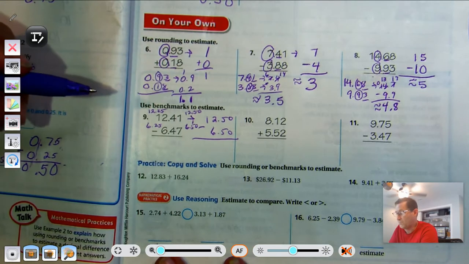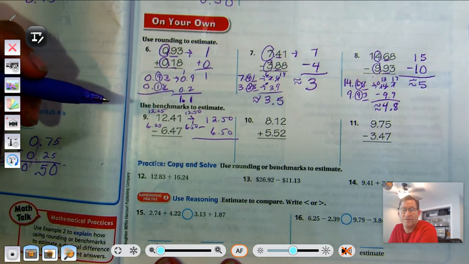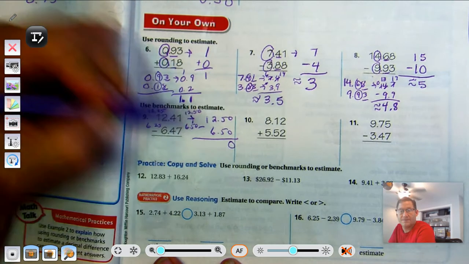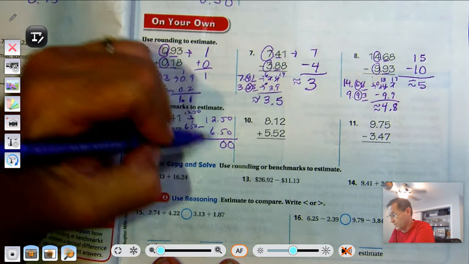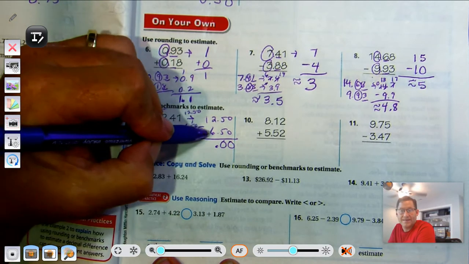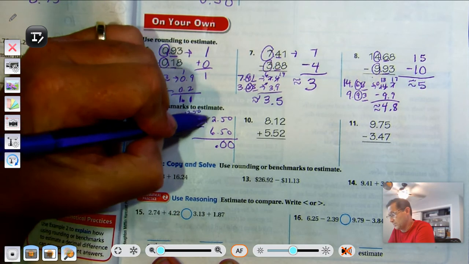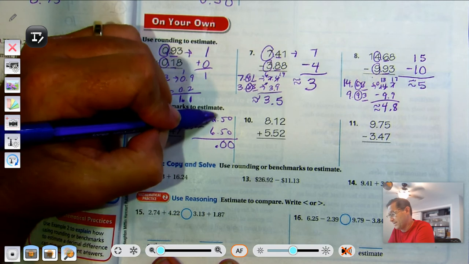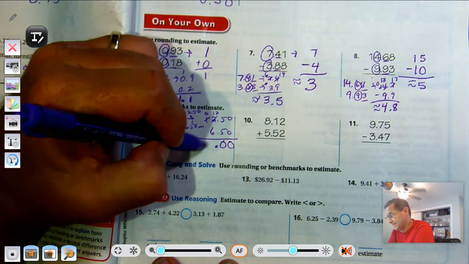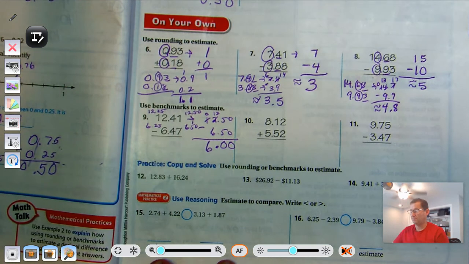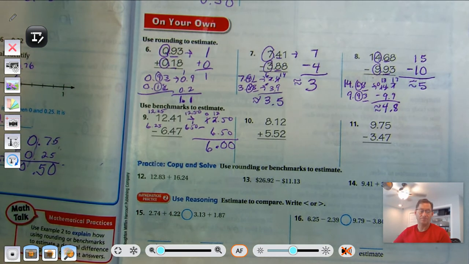So 12.50 take away 6.50. 0 hundredths take away 0 hundredths is 0. 5 tenths take away 5 tenths is 0. You can't take 6 ones from 2 ones, so regroup from the tens place. Give 10 ones to the ones. 12 take away 6 is 6. So 6.00.